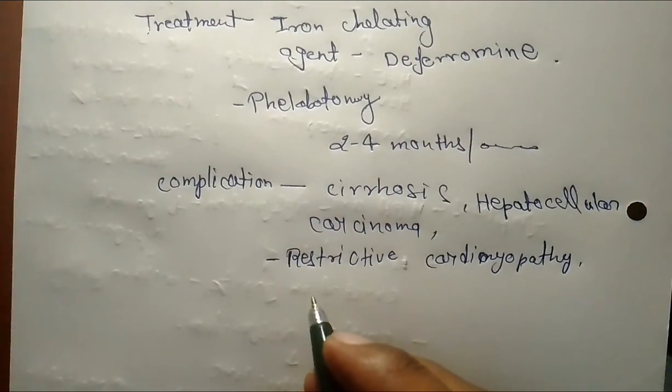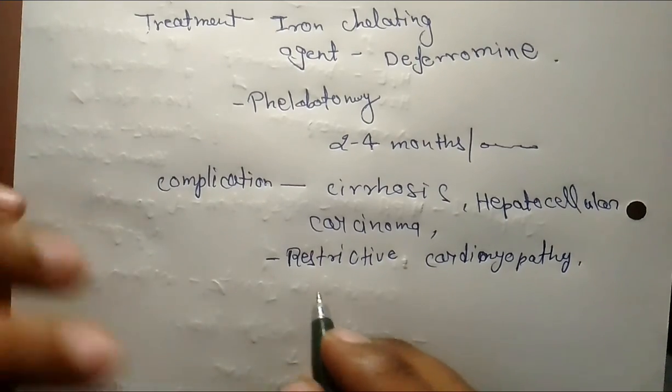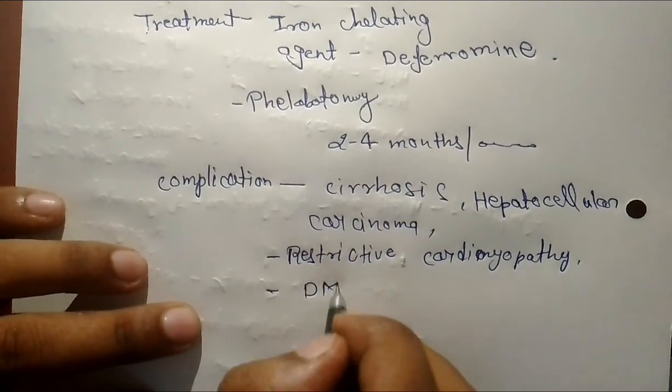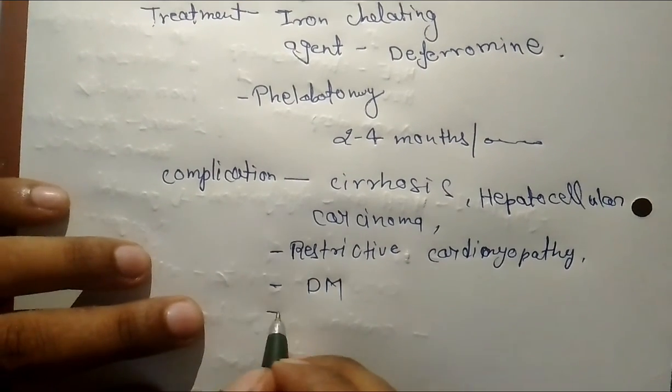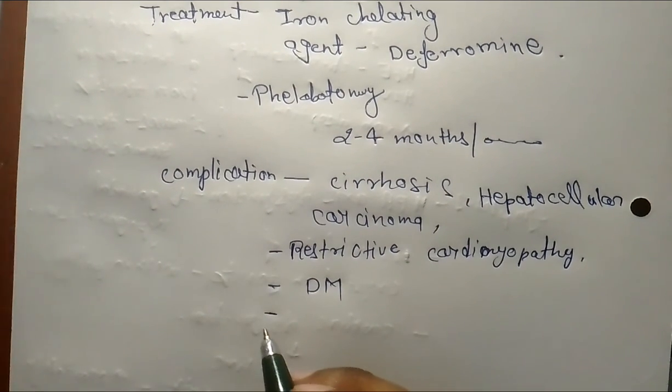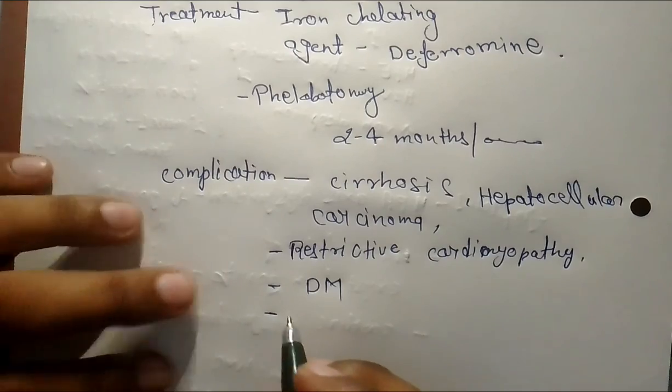They also affect the pancreas. The mostly affected cell is the islet cell that will cause diabetes mellitus, and they also cause HPA axis dysfunction that will cause impotence.